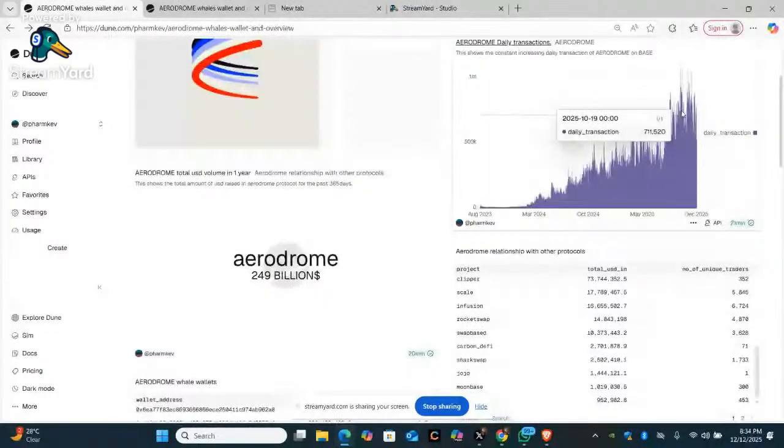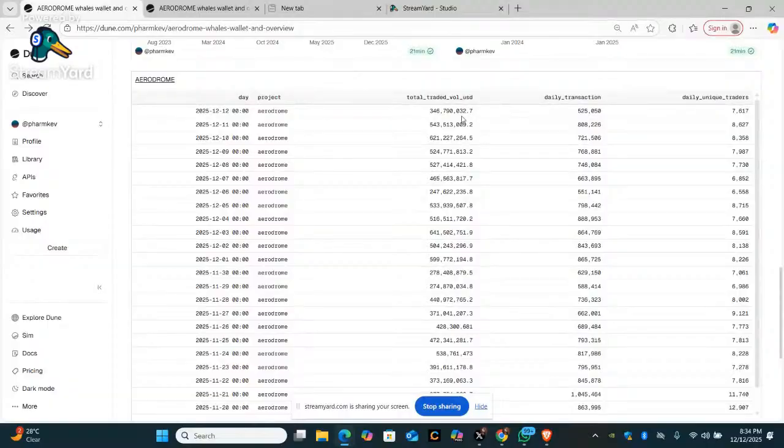This is a table that gave us the total trading volume rundown, and this also showed us the daily transactions on Aerodrome, including the daily unique users.